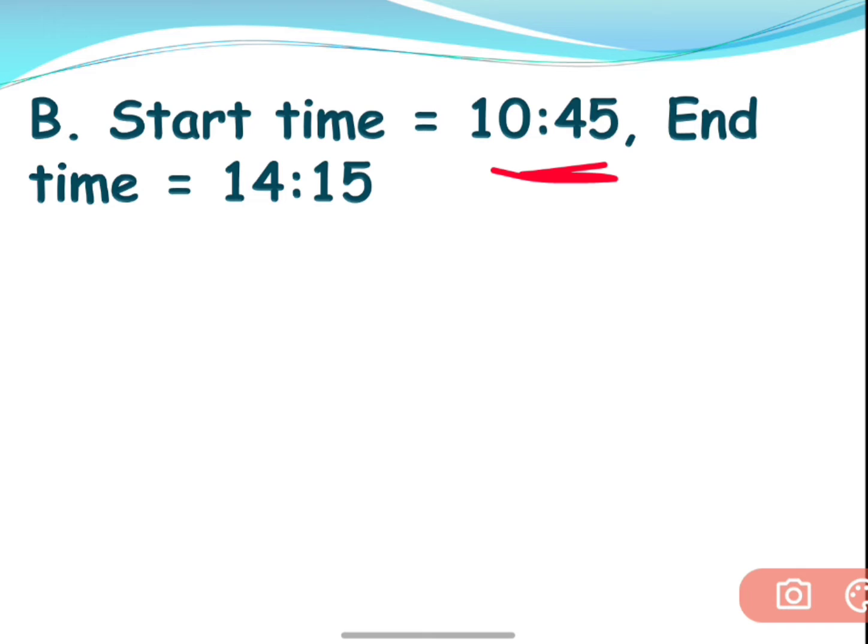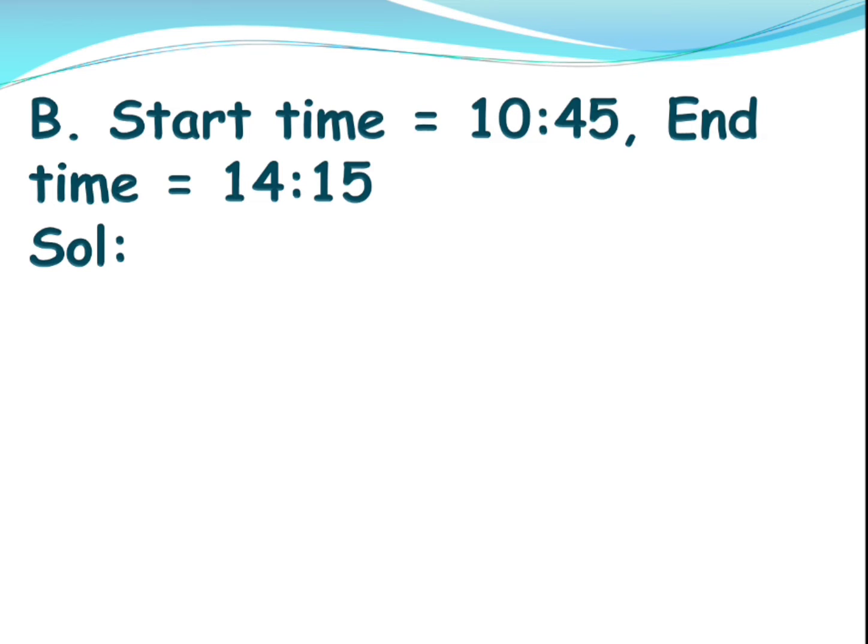That means in 15 minutes it becomes 11. Yes, so from 11 again 12. So let me start with the 15 minutes so that we'll have round numbers to calculate. Okay, so what I did is I have drawn a timeline where I have started with 10:45 and ended with the 14:15, that is 2:15.